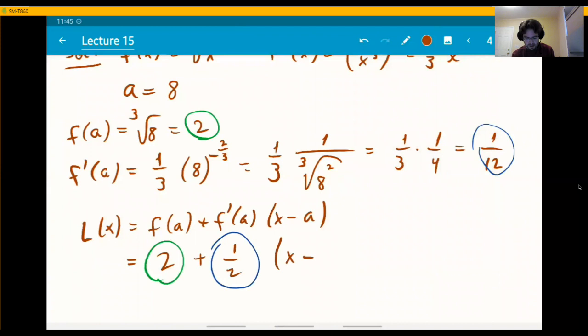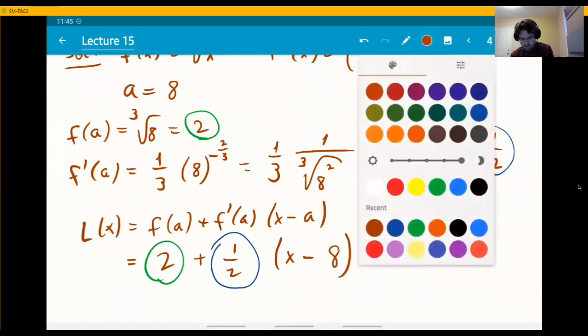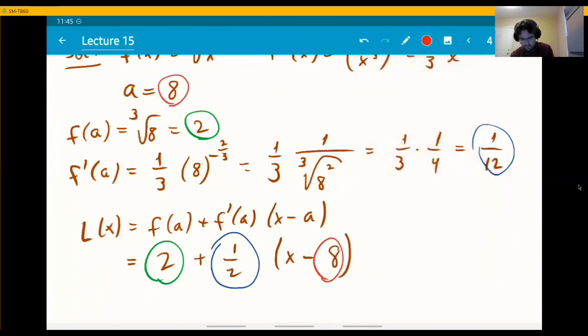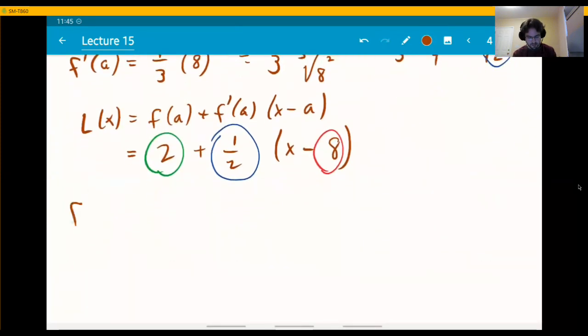And x minus a is x minus 8. So continuing now, I mean, we can leave the formula like this. This is the linear approximation around the number 8. This is a good approximation for any number close enough to 8, like the one given in the problem, 7.96.